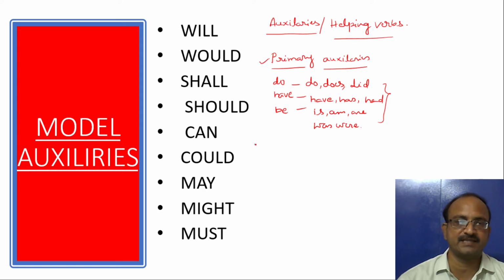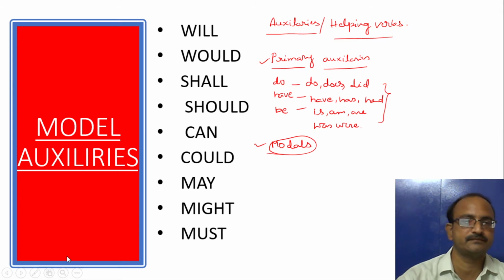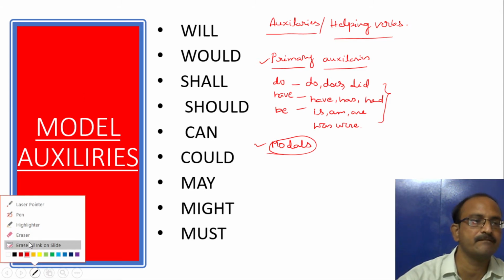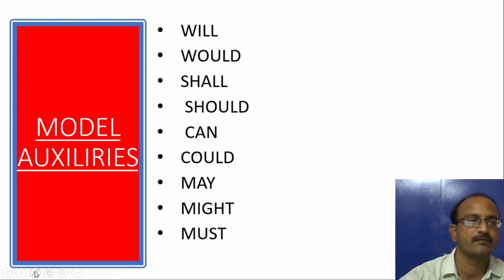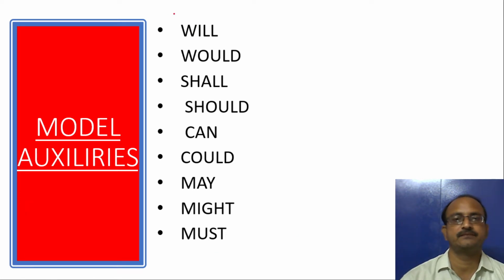Let's go to the next concept, that is modals. This is today's topic. What are these modals? How are they useful? How many modals are there? Let me explain now. Look here.